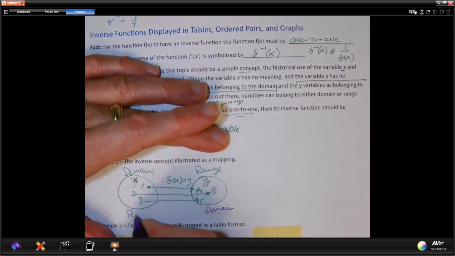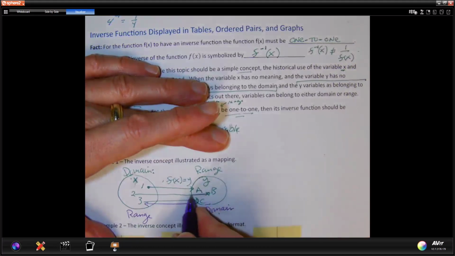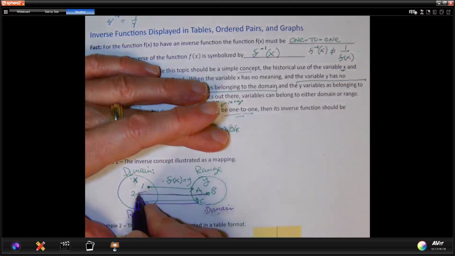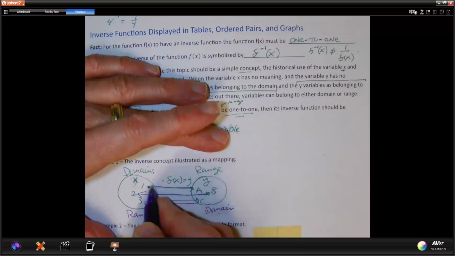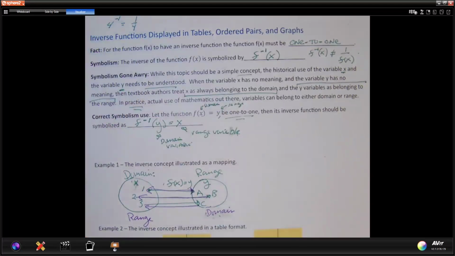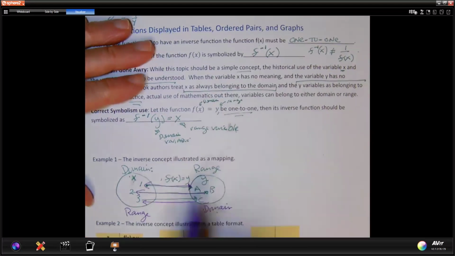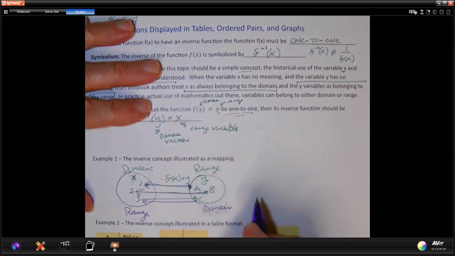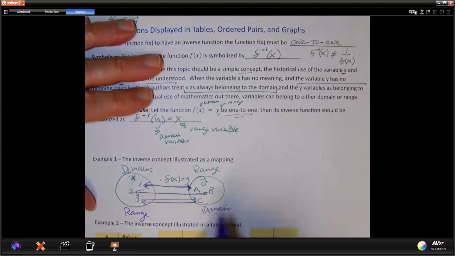And now this becomes the range. And then basically we're just going backwards. All these arrows now are going to get reversed and go in the opposite direction. But they're still going to the same place. Same place meaning connected to the same object on the other side. So we still have the same ordered pairs.